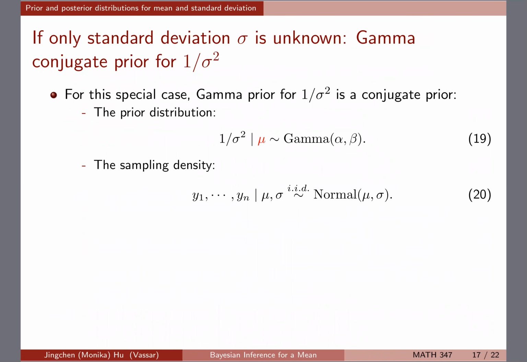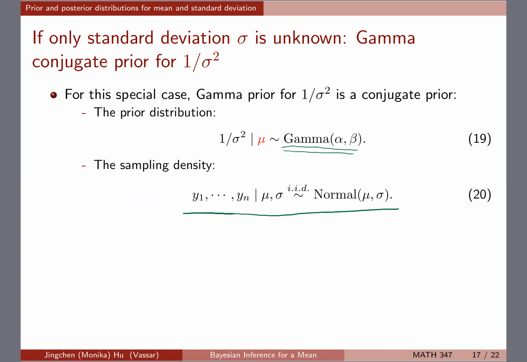It's just more nicely done. So the typical conjugate prior that people put for 1 over sigma is this gamma distribution. I'm going to give you the density in a minute. But the gamma distribution has 2 parameters, alpha and beta. Okay. And the data sampling density will still be the same.